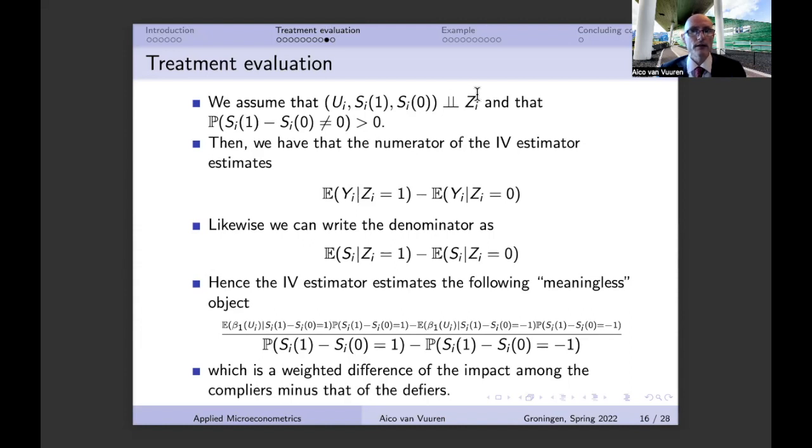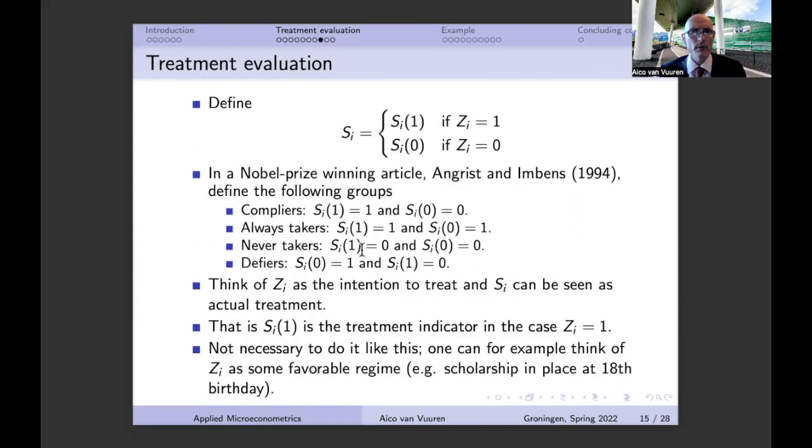This is related to what we usually have in standard instrumental variable estimation as being instrument relevance. It must be the case that for some individuals, the decision of whether you're going to be treated or not must be dependent on the value of the Z that we have over here. That is nothing else than saying that Z must have an impact on the decision of whether you're going to be treated or not.